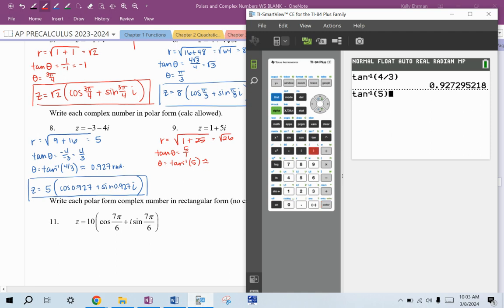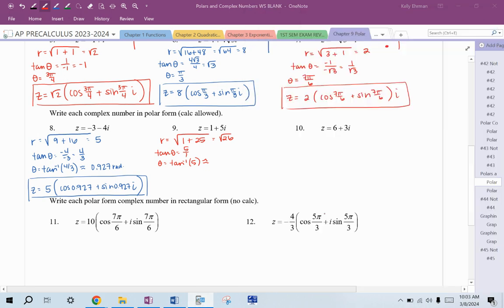Inverse tangent of 5 is 1.373. Again, that's a number of radians we're being given. So this complex number in polar form is the square root of 26 times the cosine of 1.373 plus the sine of 1.373 times i.